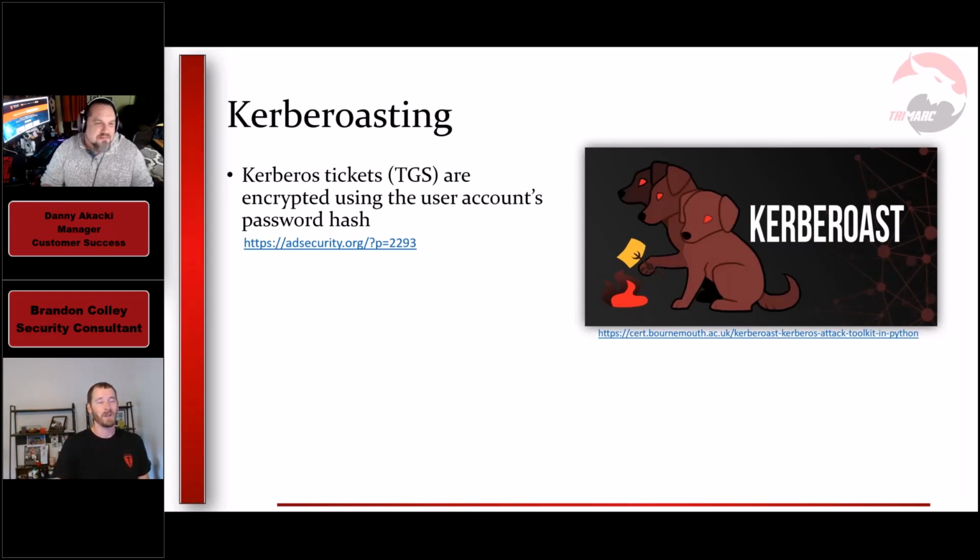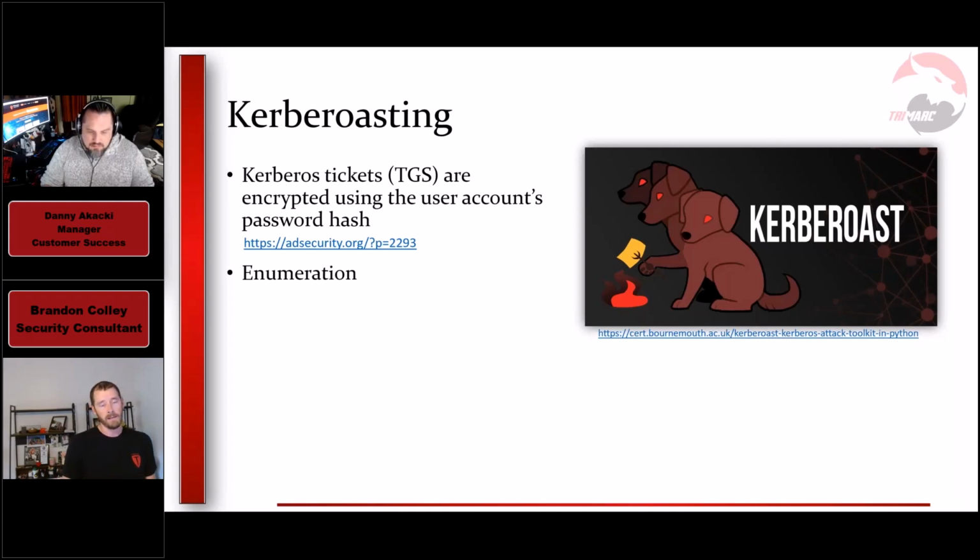Kerberoasting, simplistically speaking, the vulnerability that exists is the fact that Kerberos tickets are encrypted using the user account's password hash. The second piece of that is that enumeration exists. Naturally in Active Directory, any user account can query attributes about the domain itself or about user accounts.